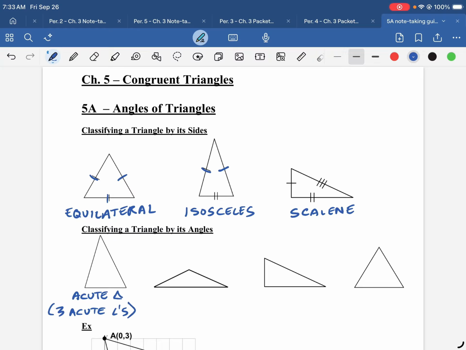If a triangle has just one obtuse angle, like this angle at the top appears to be obtuse, so let's just say that's 100 degrees. Now it's definitely an obtuse angle, and this would then be an obtuse triangle.